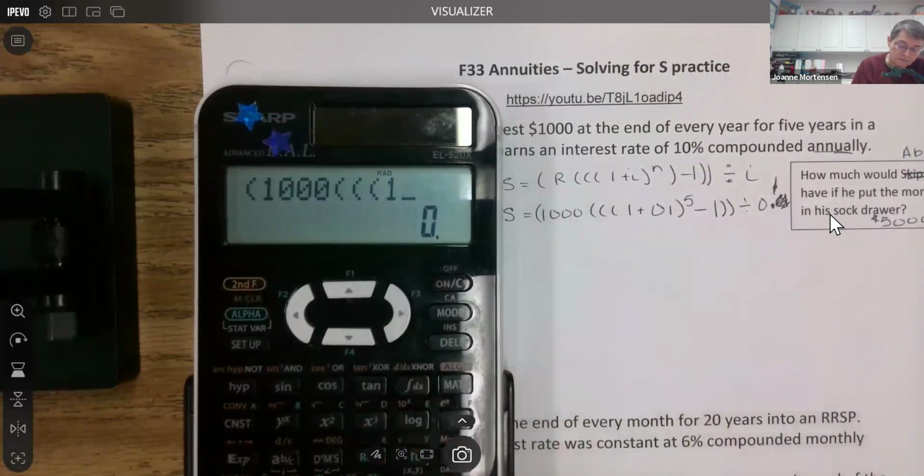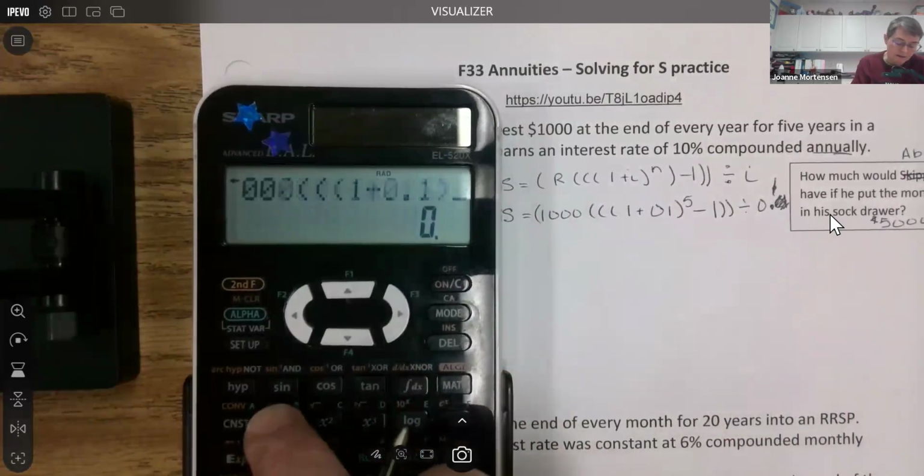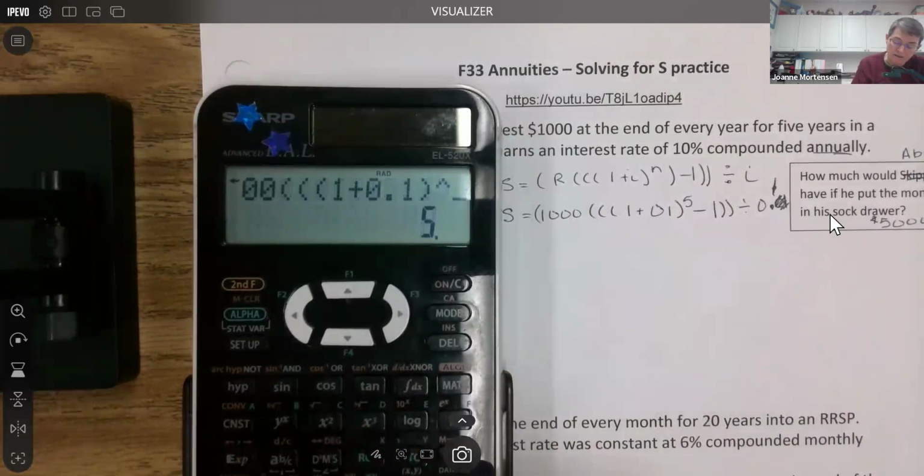Close my bracket. Now I need to do my exponent, which is 5 time periods. Close that off. Minus 1. Close my bracket. Divide by 0.1.